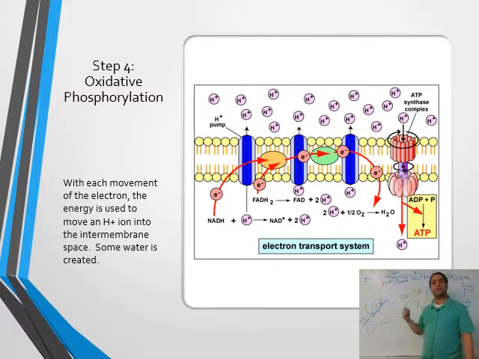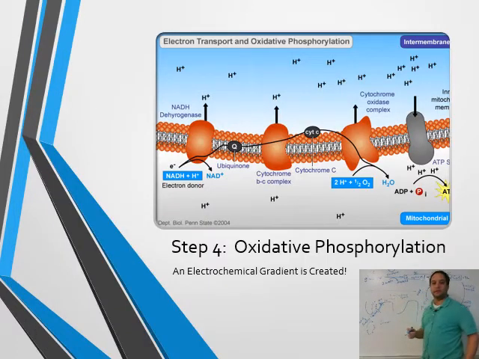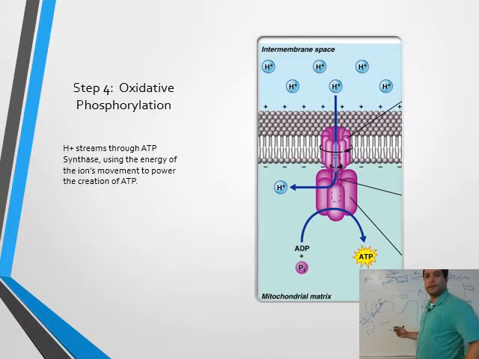The only way for hydrogen to get through is to go through another set of proteins called ATP synthase. So here you might have the ATP synthase popping through, at which point the hydrogen ions stream through, like that.